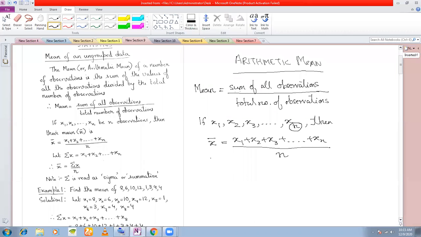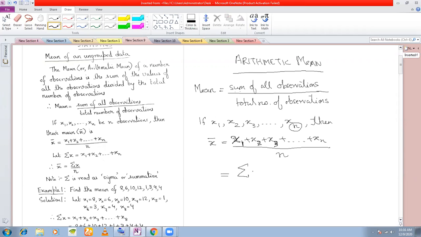Now, a more advanced notation is the sigma notation. Now, what is the sigma notation? Sigma means summation, and we write sigma in this manner. This is capital sigma. There is another sigma which is written like this. This is called the small sigma, which we are not interested in right now. But this is the capital sigma. In this, you see that the variable is x, only the subscript is changing, right? 1 2 3 4.